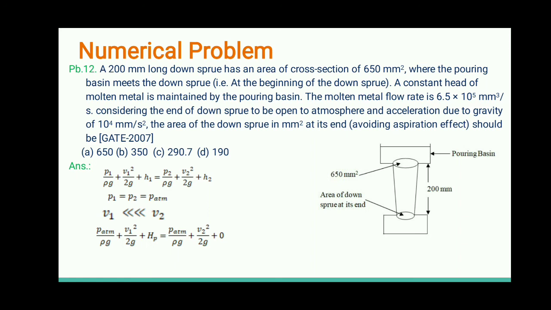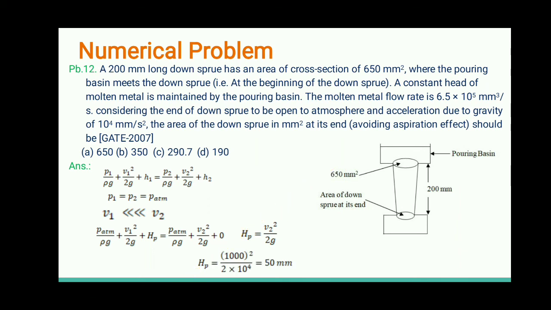Vertically upward we are taking as positive, so plus HP, equals P atmospheric by rho g plus V2 square by 2g plus height itself is 0. The atmospheric term cancels out, and V1 is also eliminated because it's almost 0. So HP is on the left hand side and V2 square by 2g on the right hand side.